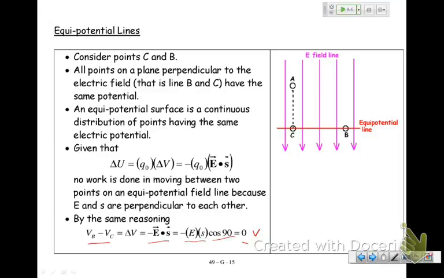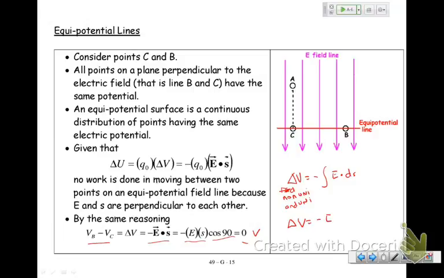Okay. So what did we learn so far? I suppose we've learned that delta V is equal to minus the integral of E dot ds. That's for both radial, non-uniform, and uniform fields, and it simplifies for uniform fields.